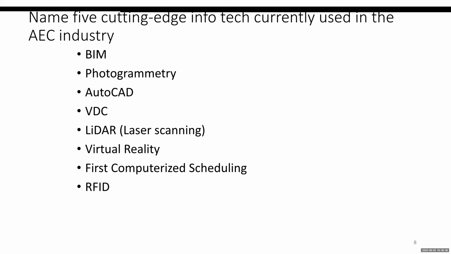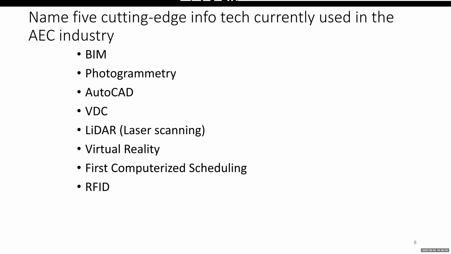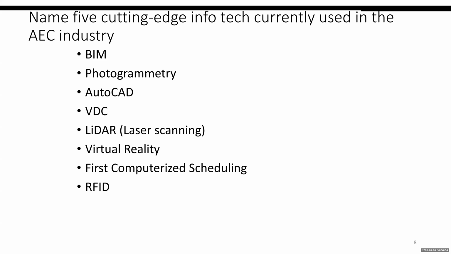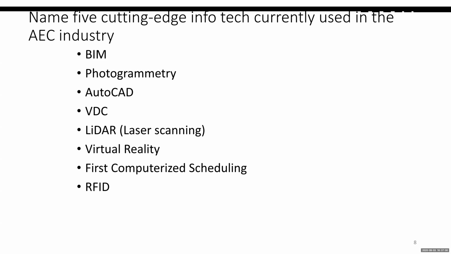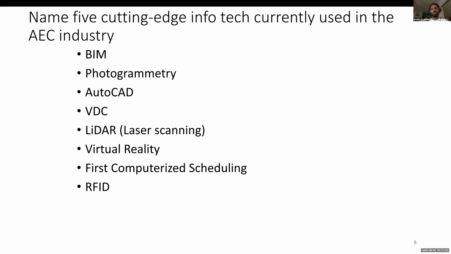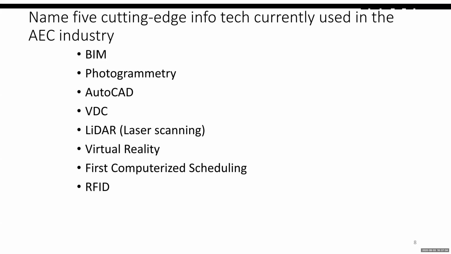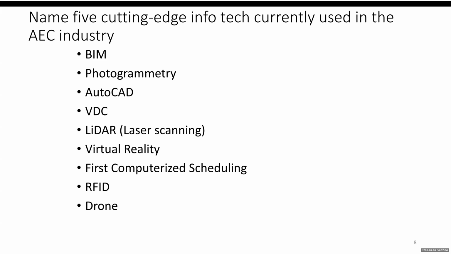RFID, do you guys know what RFID is? It's actually like a patch that you put on your windshield and you can read all the information from your car while you're driving fast, right? And in construction, people attach them to equipment so they can track the information and the location of the equipment, all right? And the drones, right?